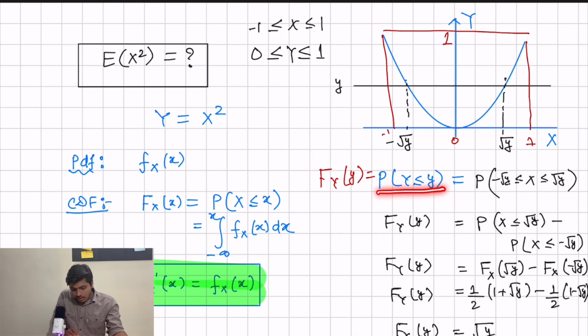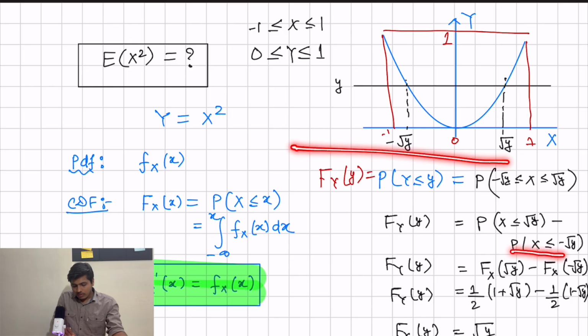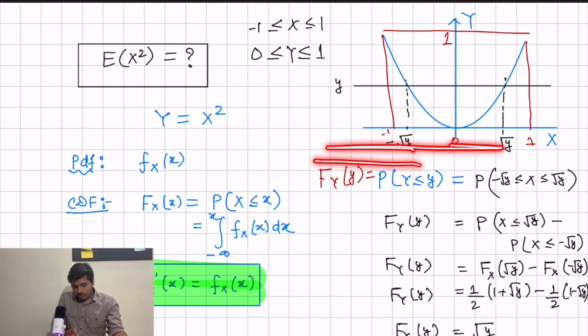So this can alternatively be written as the probability of x from minus root y to root y. And this can alternatively be written as the probability of x less than root y minus the probability of x less than minus root y. We have to find this probability minus this probability, and we will get this probability.